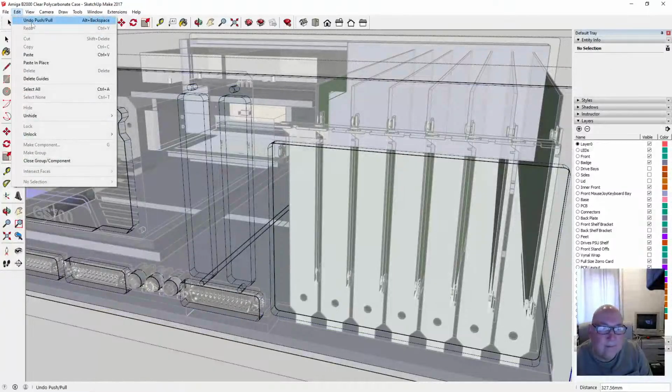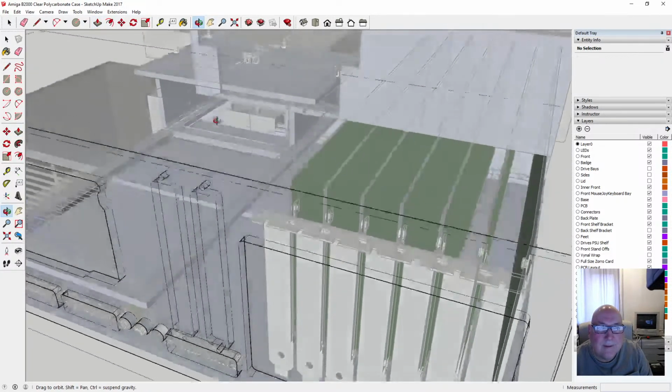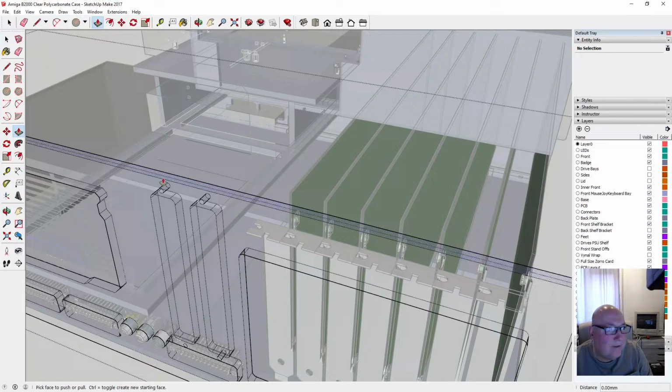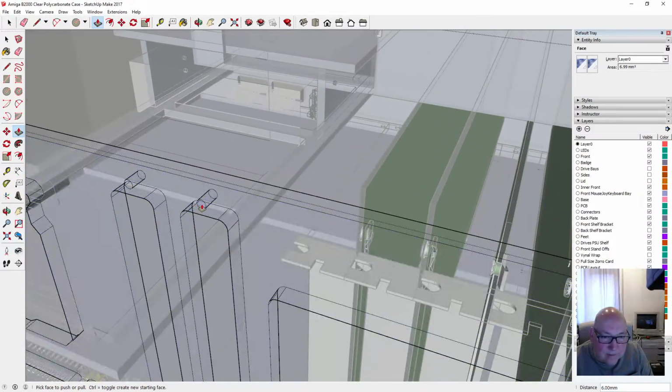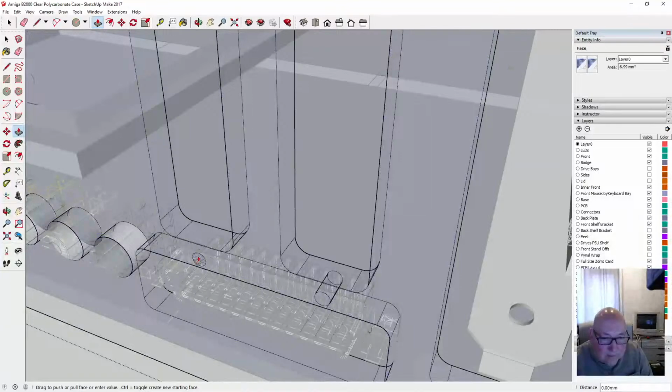No, that's not right. Okay, so right, well, let's get the angle right. Let's push it through there, and there, and now we should be able to push these through to there.